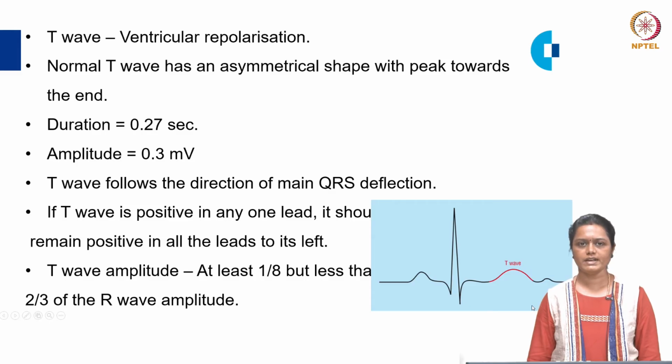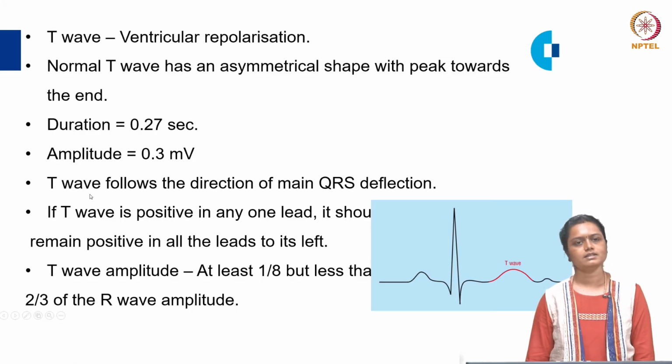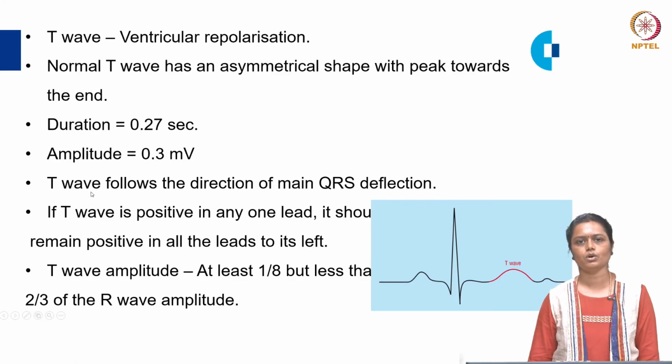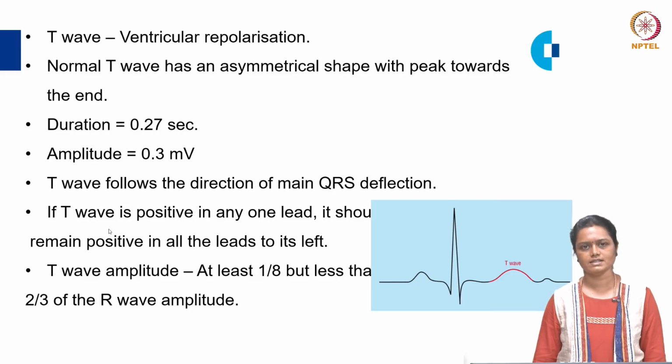There are certain features which you must remember while appreciating the T wave in the ECG. The first point is that the T wave always follows the path of the mean QRS axis. And if the T wave is positive in any one lead, it should remain positive in the subsequent leads.